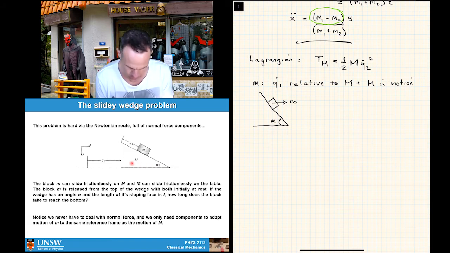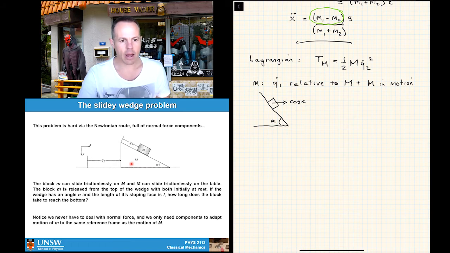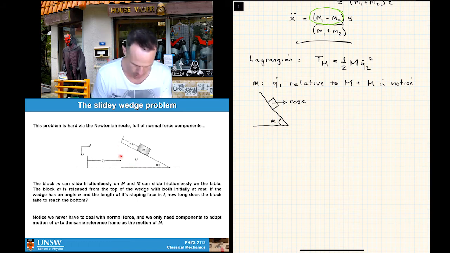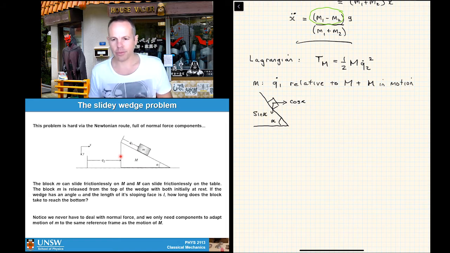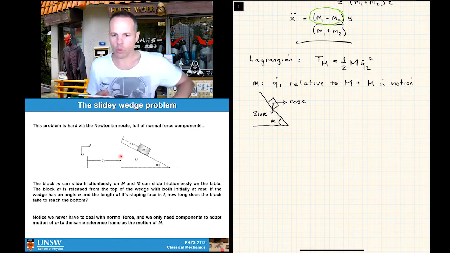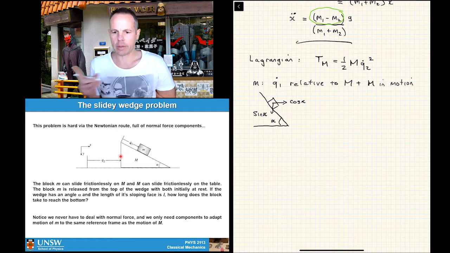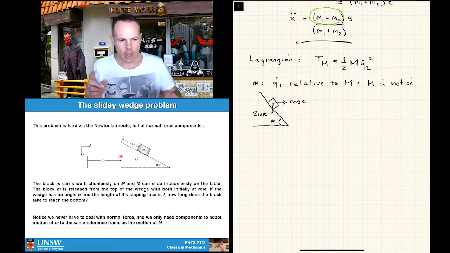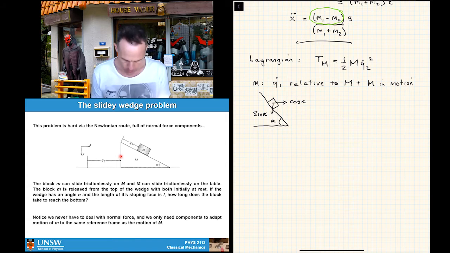So this will be a cos alpha component, and then everything that's going to happen in this direction, this is an opposite, this is a hypotenuse, is going to be sine, okay? Sine alpha. When I was an undergraduate, I'd usually set this up in my mind or on a scratch piece of paper right at the start of the problem. I would work out what my horizontal components were going to be, and I'd just write down horizontal is cos and vertical is sine, and then I just know all the way through the problem which way things are going to go, right? Okay, so we've got v little m.